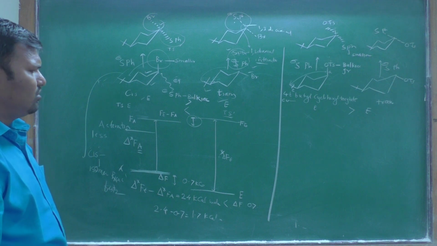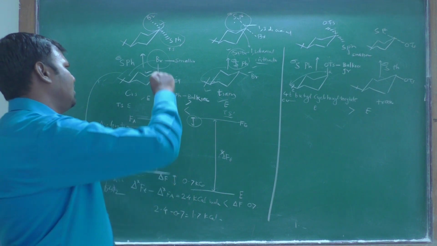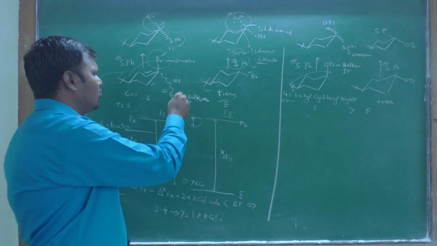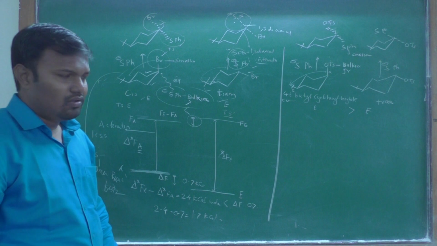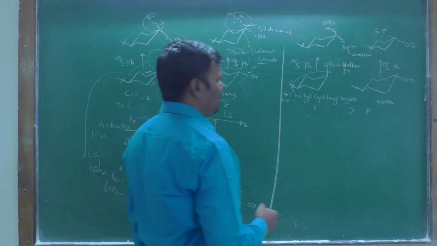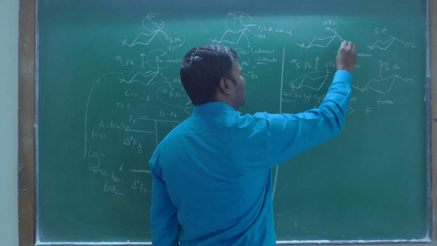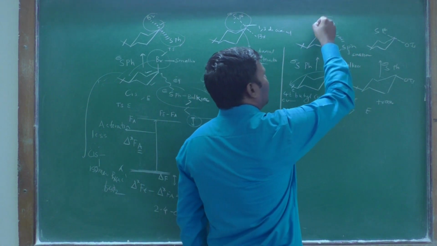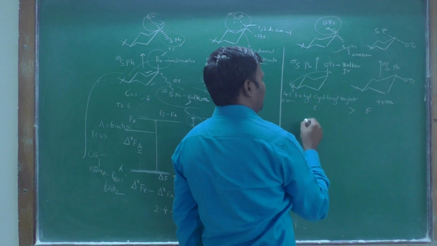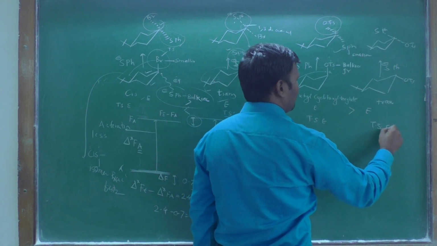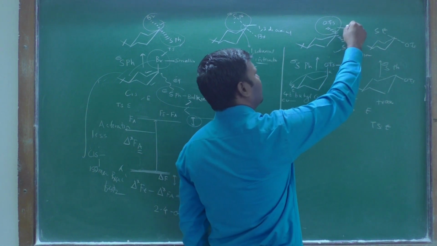In this situation we considered that the departing group is smaller and the attacking group is bigger. The second situation we consider is that OTs is the bulkier group and the attacking group is smaller. In this case, for the transition state energy of the second compound, we found that this is the bulkier group.